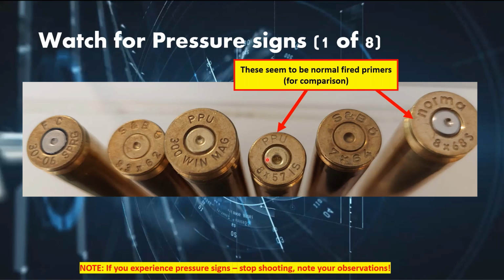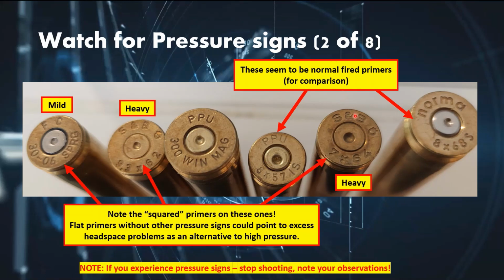Now, if you experience something like this, then you found what we call a squared primer or a flattened primer. The pressure inside the case was so high, it actually pushed the primer cup against the breech face of your bolt, and it does it with such tremendous force that this rim, which should be in its original state, gets smaller, until you can't recognize it anymore.